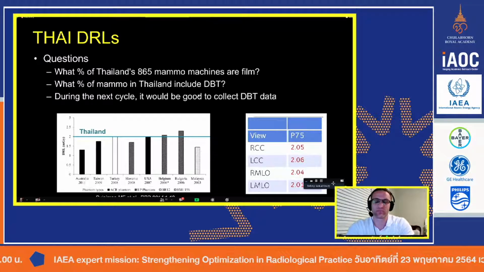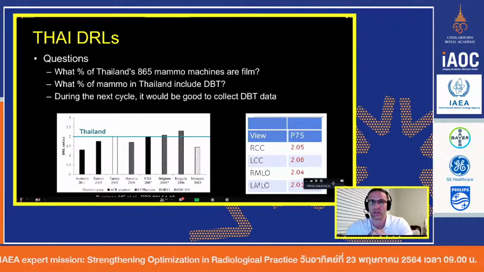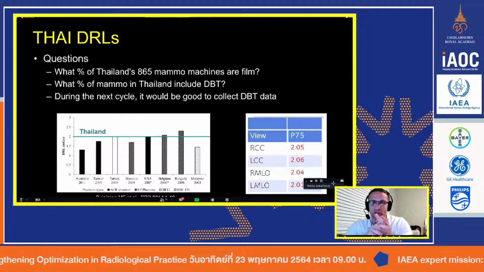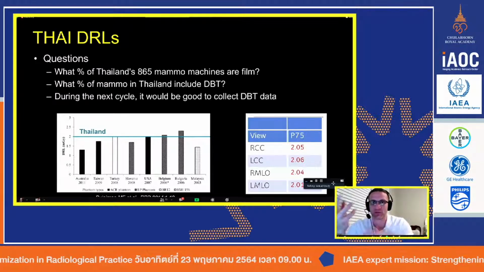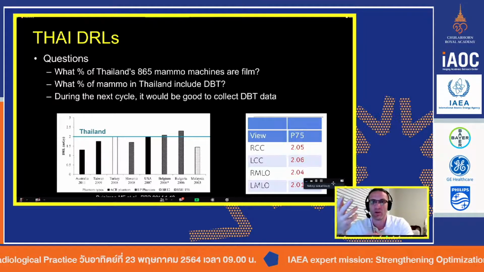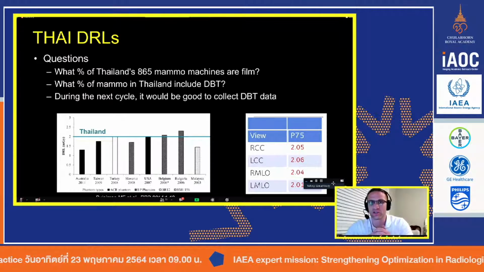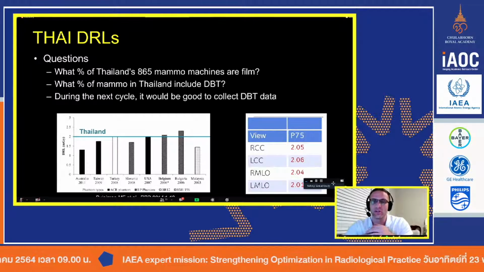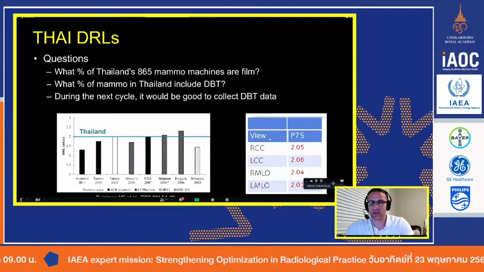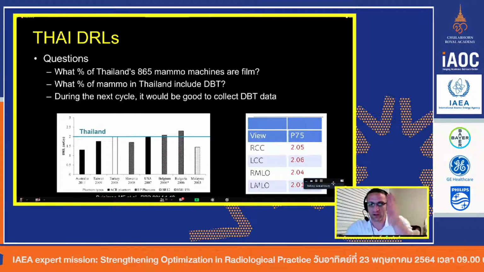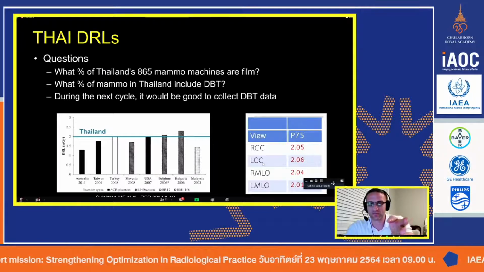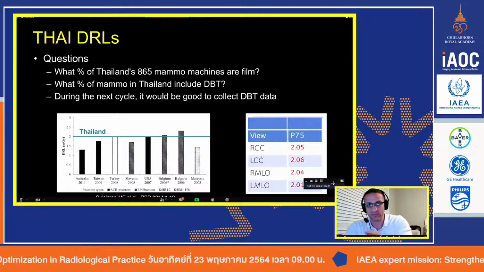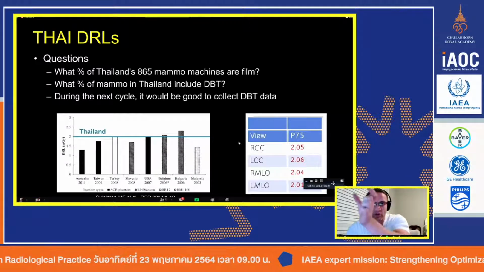In most instances for screening mammography, we do FFDM and DBT. So when we go forward with our next round of DRLs, we absolutely need to start to include DBT. So I strongly suggest that to you also. You can collect full-field digital mammography, CC and MLOs, right and left breast, and do the same for DBTs. So you'd actually just have 2 columns there.